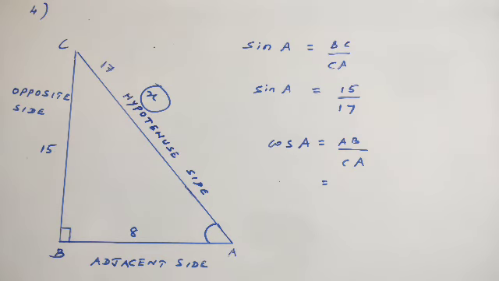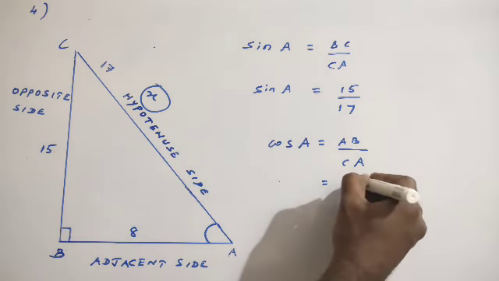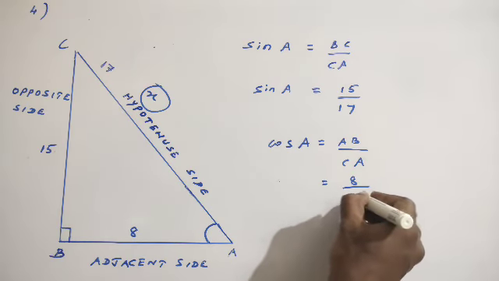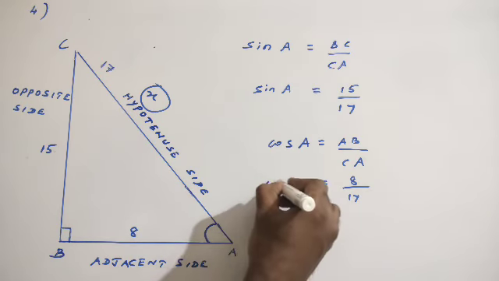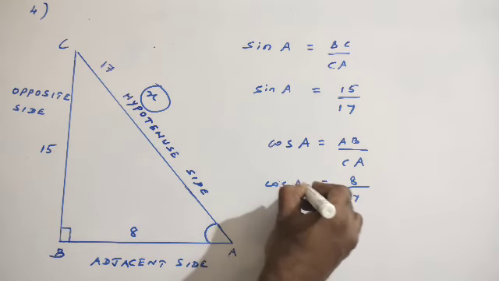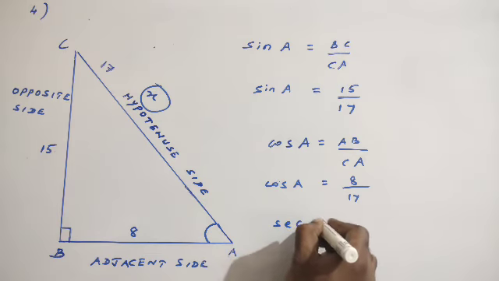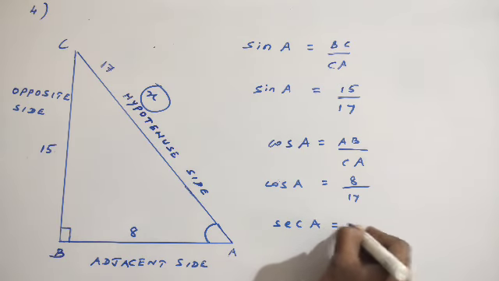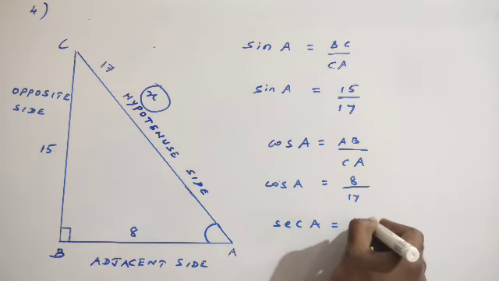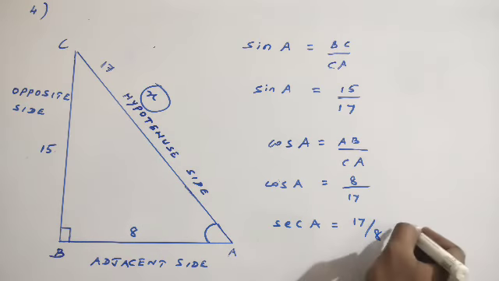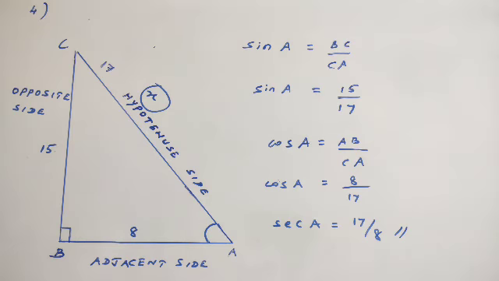So value for AB is 8 and the value for CA is 17. This is the value of cos A. Secant A is nothing but just reciprocal of the cos A value. So just change the value, 17 by 8. This is the value of secant A.